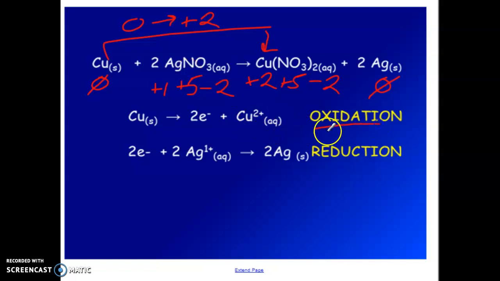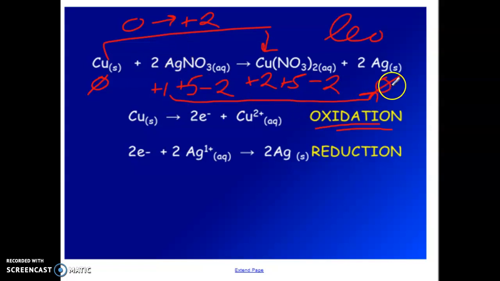So that is our oxidation. Remember, Leo the lion says GER, right? Losing electrons is oxidation. Silver is going from +1 to 0. So silver is going to be gaining 1 electron, but because you have to consider the balancing here, each silver has to gain 1, so there's a total of 2 electrons, 1 for each of those silver ions to become solid silver. So that is our reduction reaction.